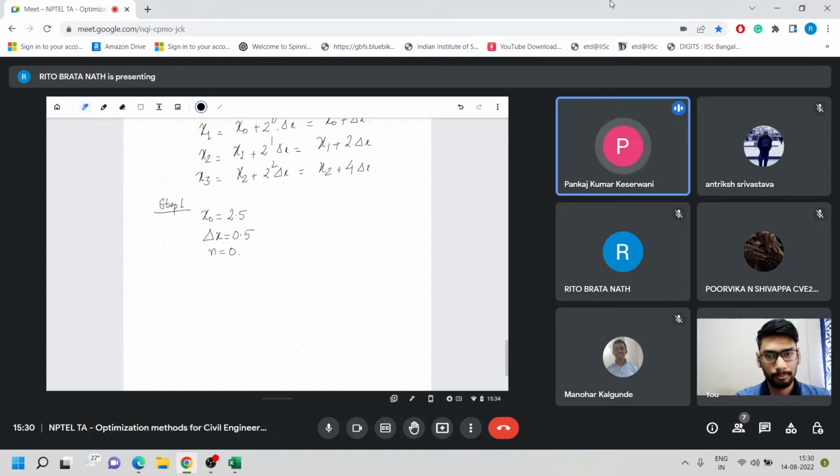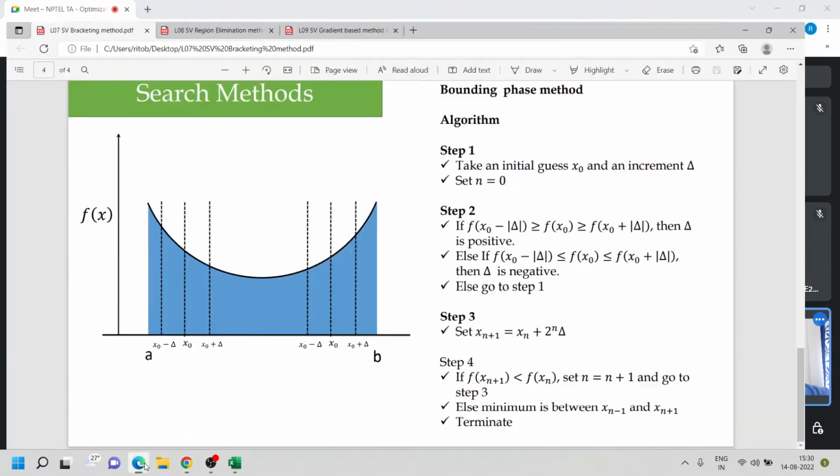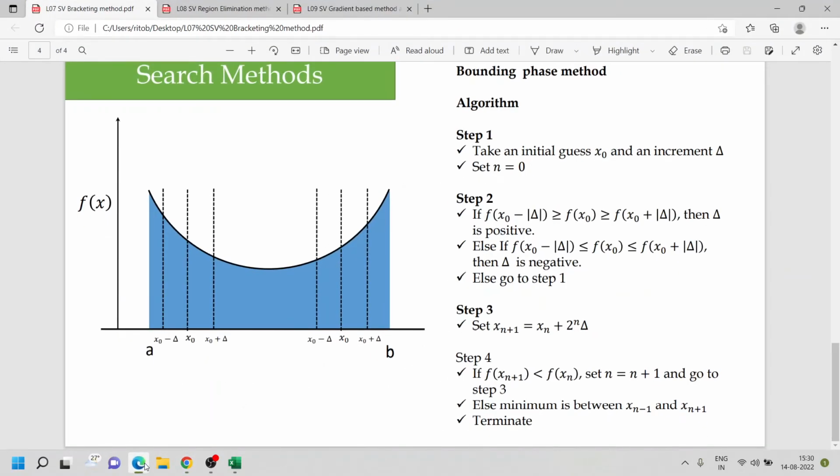Yeah, that I'm going to explain. That's true. So what you have to do is evaluate your function at f of x naught minus delta x, then f of x naught, and f of x naught plus delta x.